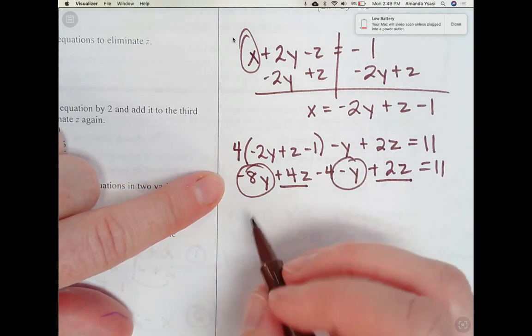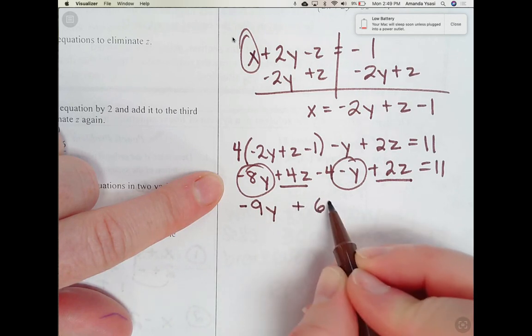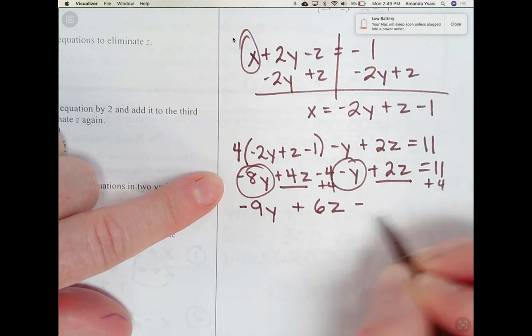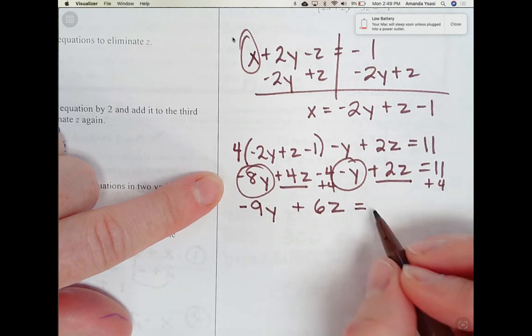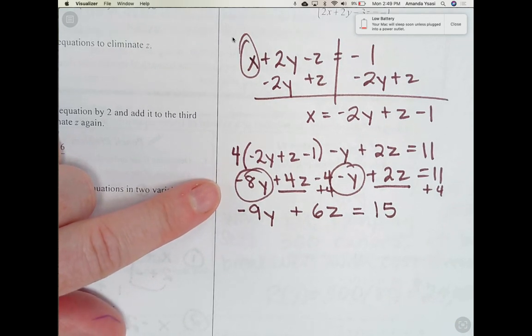So that would be -9y plus 6z. And then I need to move that 4 over, so plus 4. So equals 15. Okay.